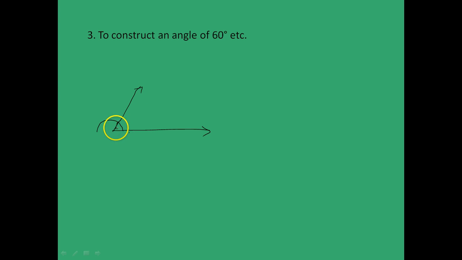How do you prove that? It's pretty simple actually. Name this point O, name this point A, and this point is B. And OA is equal to OB by construction. And also AB is equal to OA, and therefore is equal to OB.